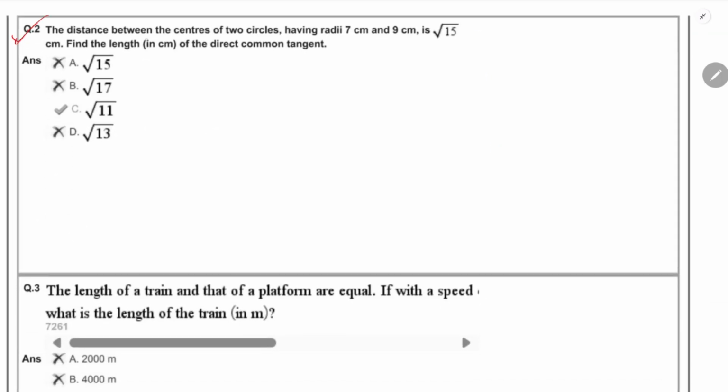In question number 2, the distance between the centers of two circles having radii of 7 cm and 9 cm is root 15 cm. Find the length of the direct common tangent. Okay, let's draw two circles. This is circle number 1, and another circle is like this.